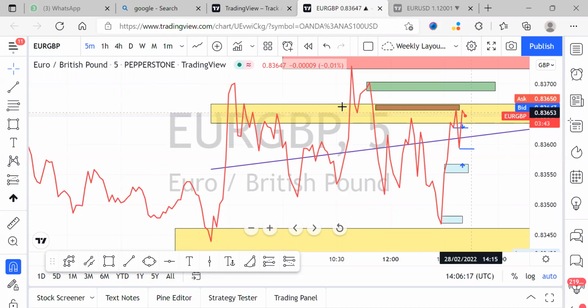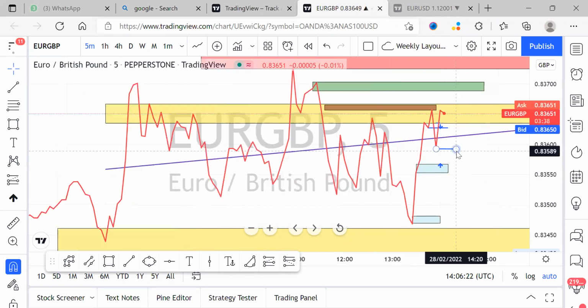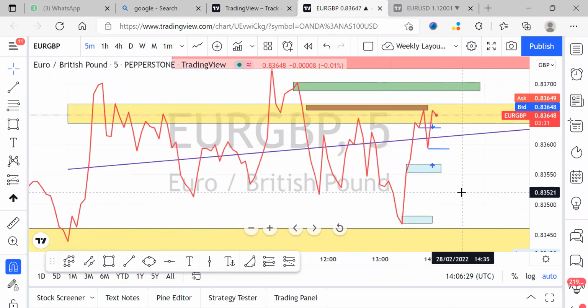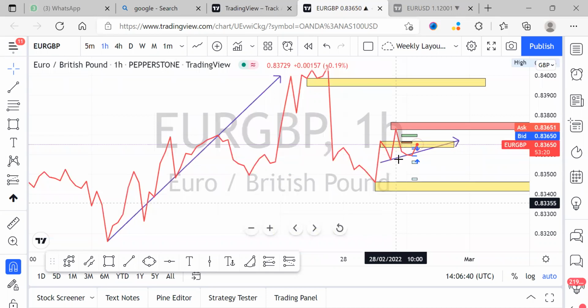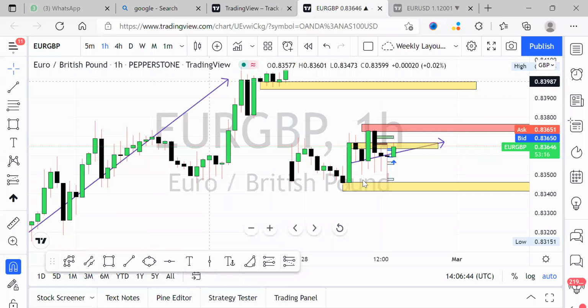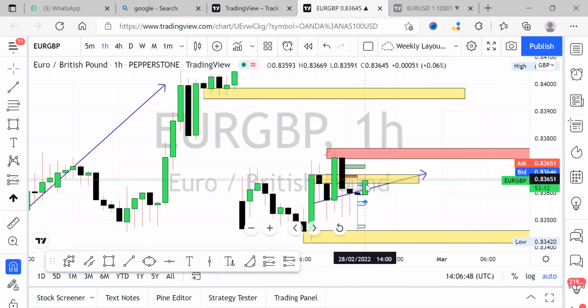Right. So if you look carefully now on the 5-minute chart, price is rejecting the upward movement. So if we look at it from the 1 hour point of view, in the candlestick version, that wick on the top is showing you rejection from that zone.